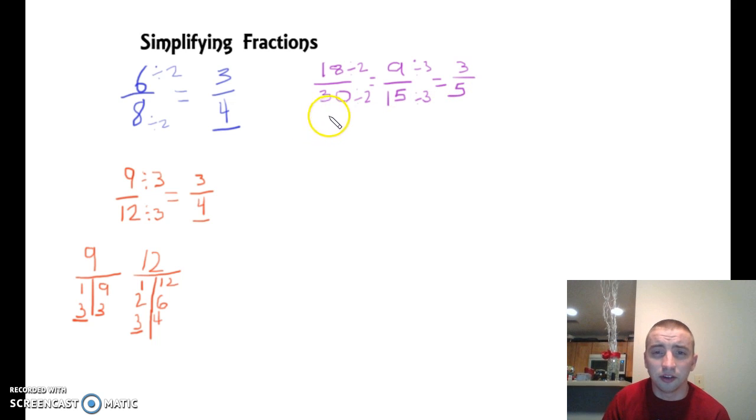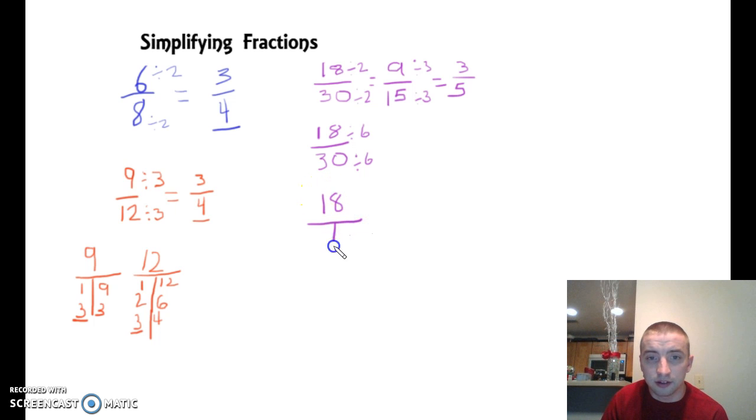Now, an easier, maybe a faster way, is to find my greatest common factor. And I know for 18 and 30, my greatest common factor is 6. If you're not sure, draw your T-charts and find your factors.